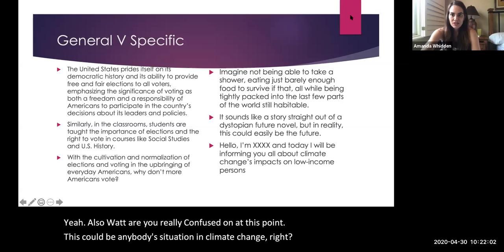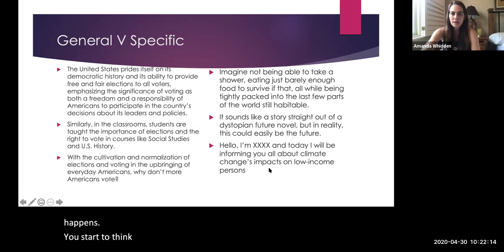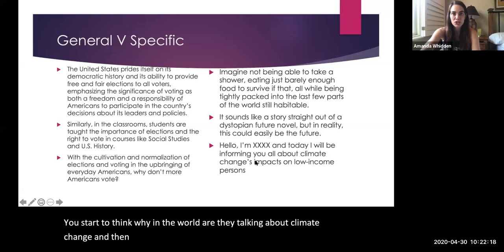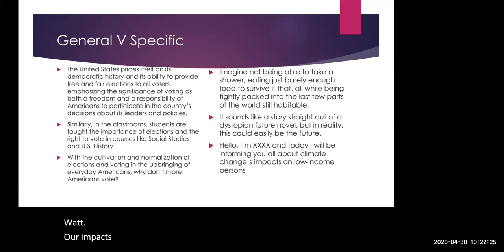So when you get to this last part, when they specifically tell you what happens, you start to think, why in the world are they talking about climate change? And then beyond, oh, this is about climate change, and specifically how it impacts low-income persons.